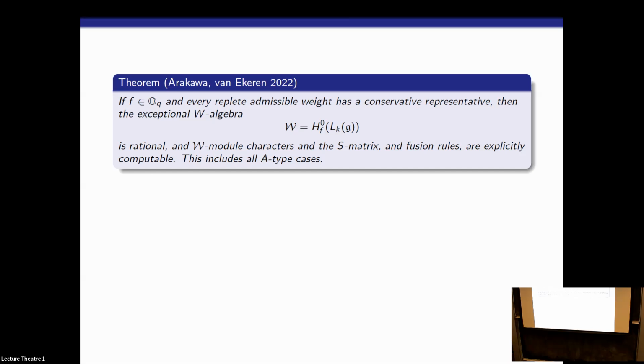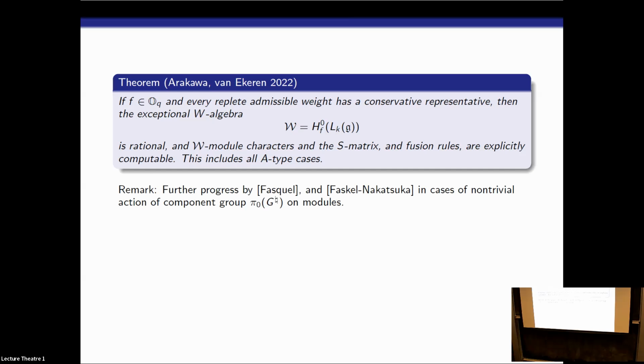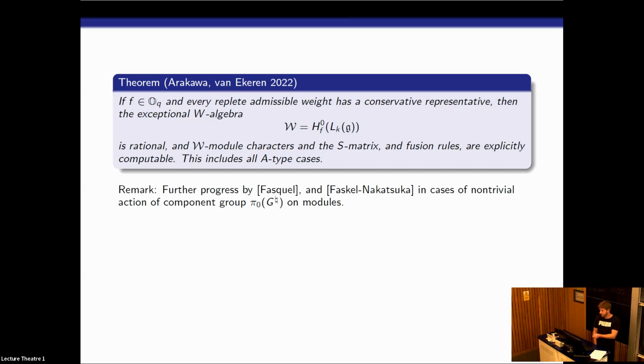But not all the other types. Yeah, so outside type A, it includes some cases, but not all. So in that direction, let me just remark that this conservative condition is related in a way to the action of the so-called component group.